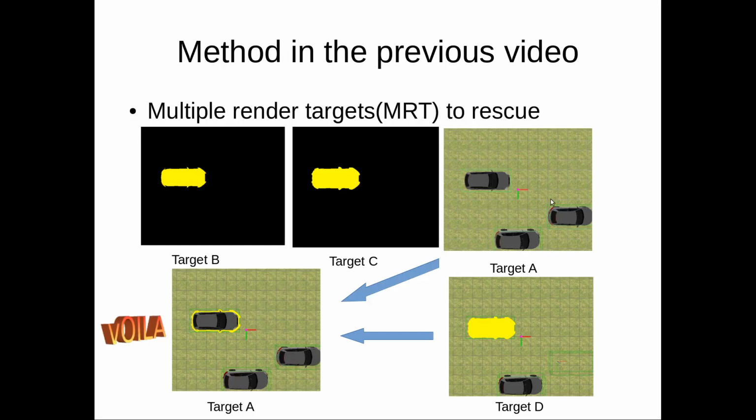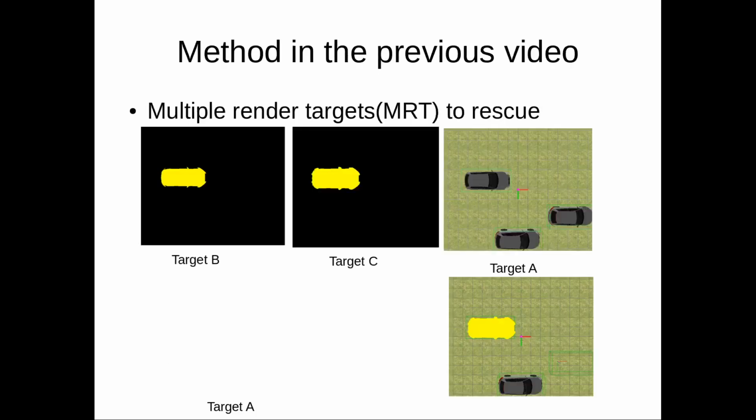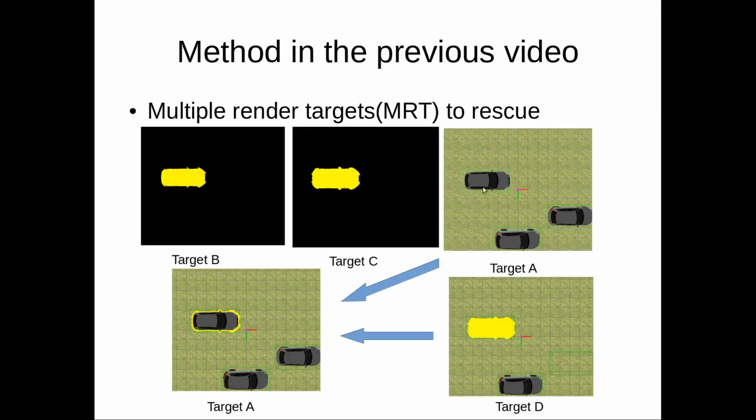If you look at the whole pipeline, it's a bit complicated. So I want to show you a simplified version. Just think for a while, what are we really doing when talking about object highlighting? Go back to this slide. What we are doing here is very simple.